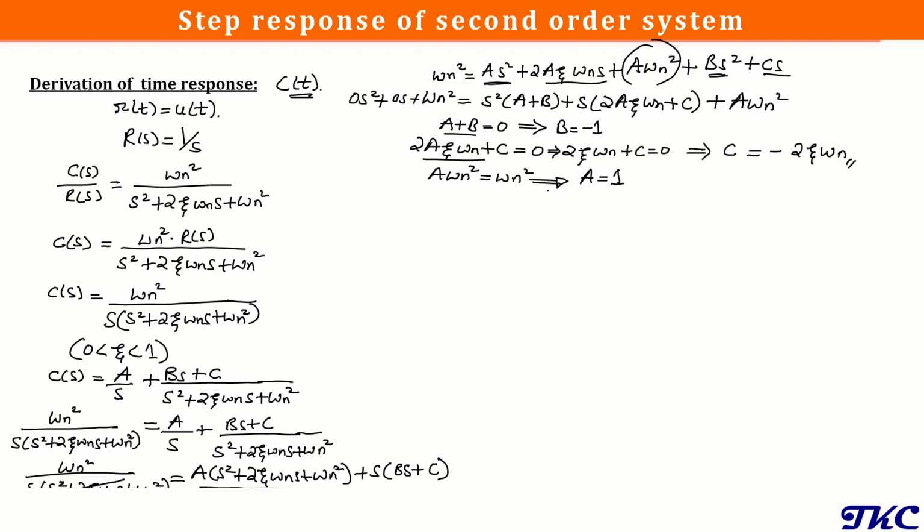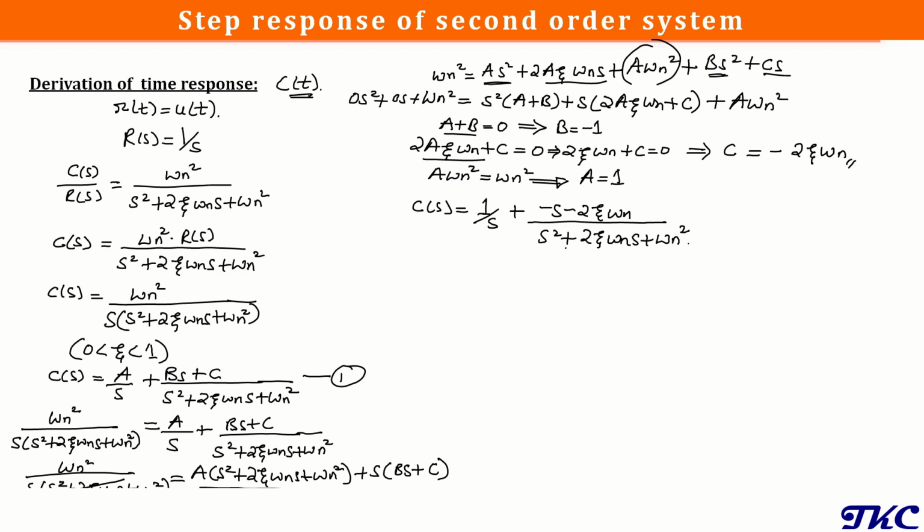So now we have got all the constant values. Now we can substitute and get the expression in this equation, say it is equation number 1. So now we can write C(s) is equal to, A we got as 1, so it is 1 by s, plus B we got as minus 1, so it is minus s, and similarly C we got as minus 2 zeta omega n. So we can write it as minus 2 zeta omega n divided by s square plus 2 zeta omega n s plus omega n square.